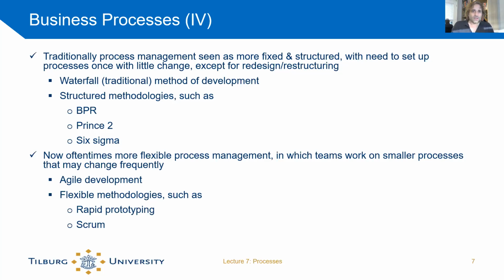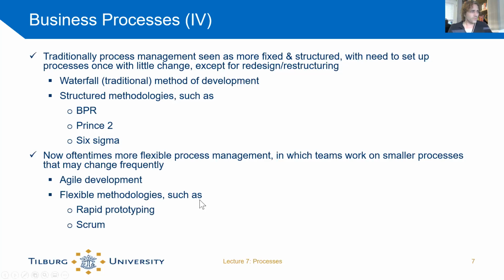Well, that is what we call, in a very general term, agile development. And agile development is really hip. In every IT organization or game design or marketing organization, everyone is talking about agile development. But it basically means methods of development which are not the traditional, very structured way of development.